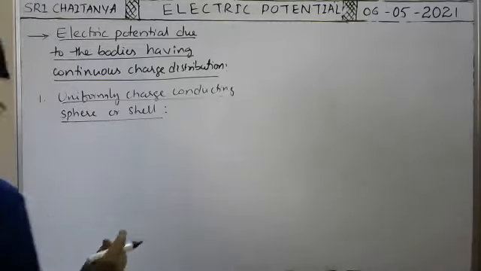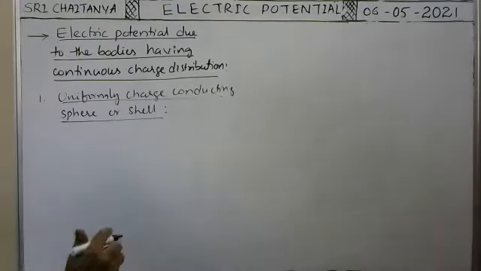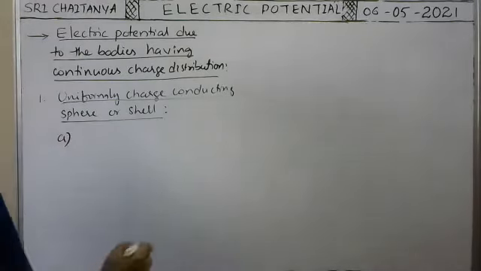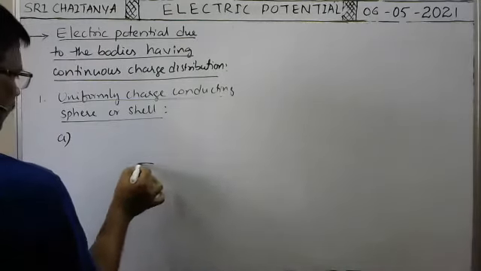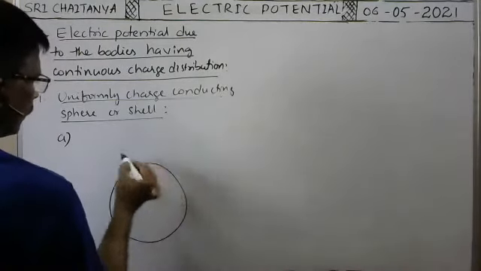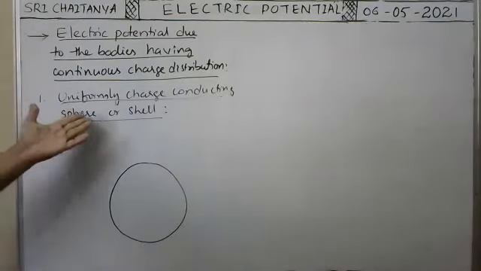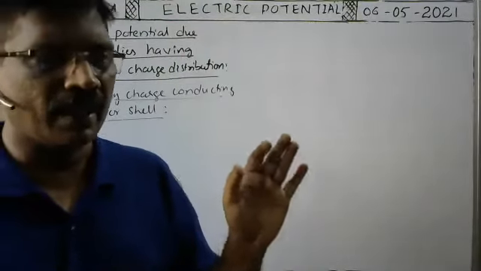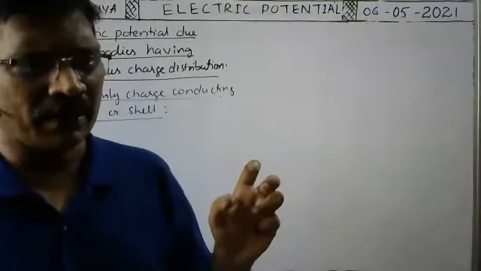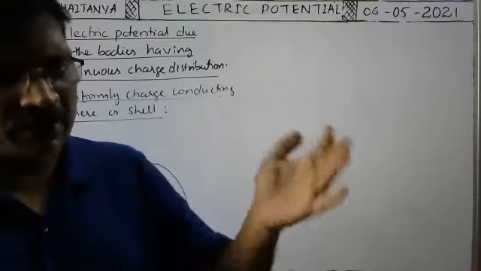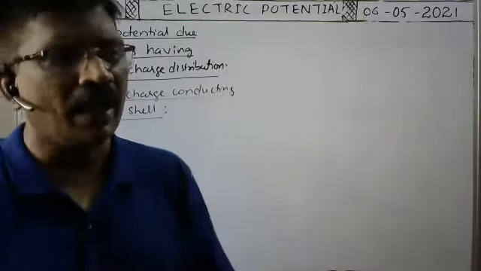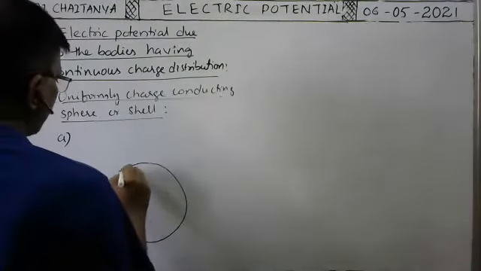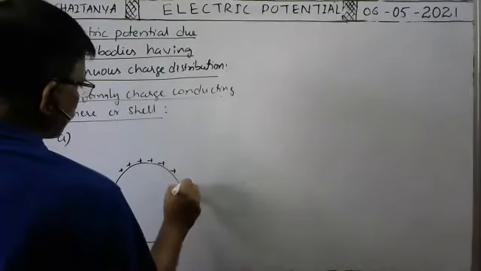In this, suppose A is the charged conducting solid sphere or shell, whatever it may be. Because whether it is a solid sphere or shell, the charge given to the conducting sphere reaches the surface of the sphere only and resides only on the outer surface of the sphere. Okay, so suppose it is given some charge, that resides only on the outer surface, like this.